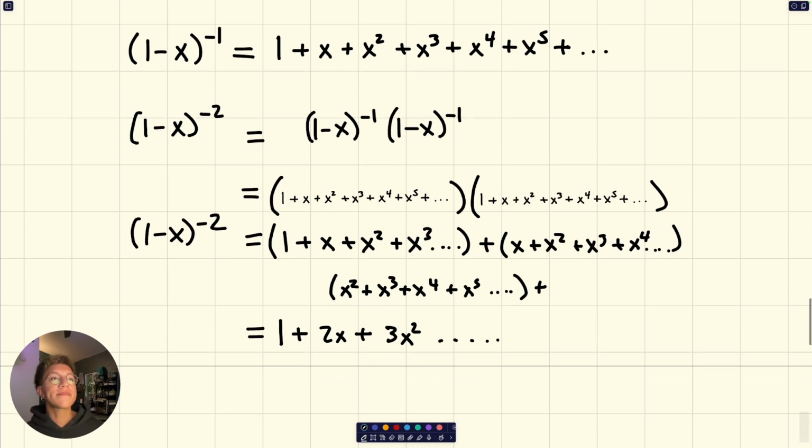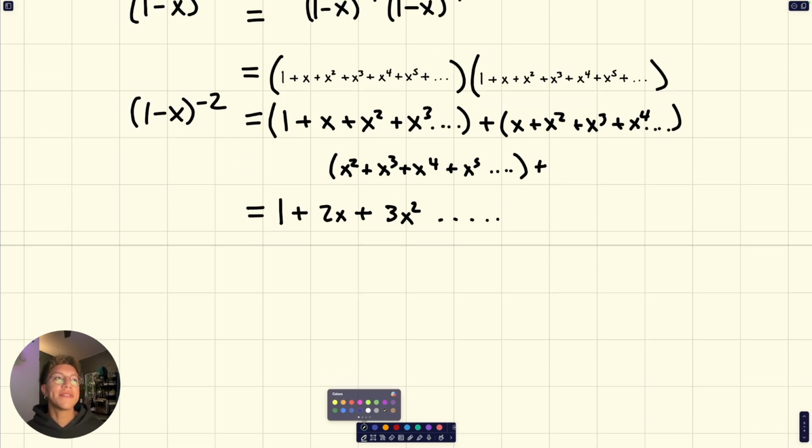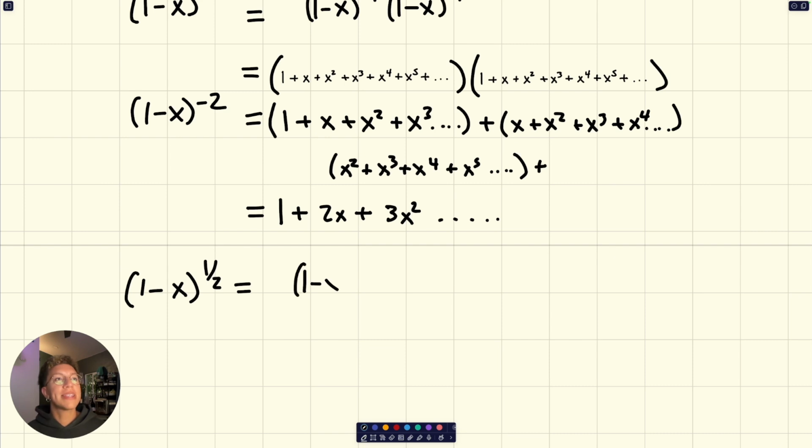What would that mean? That one's pretty difficult. So if we're thinking about 1 minus x to the 1/2 power, we know that that is going to be 1 minus x to the 1/2 and 1 minus x to the 1/2, and that's equal to 1 minus x to the 1 power.